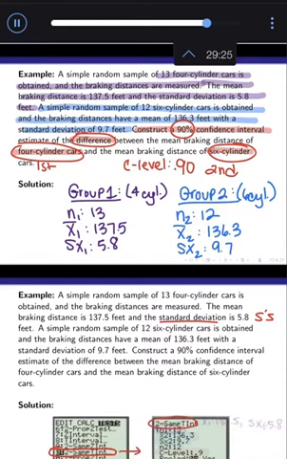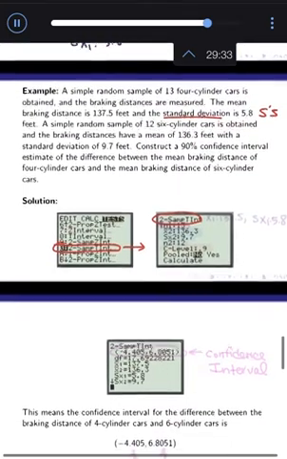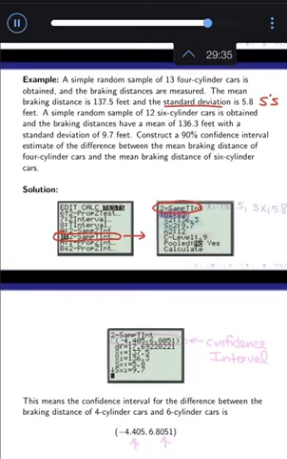We will enter in our first group of information, which is everything from the 4 cylinders, which would have been up top here. You would have been listing your x̄1 first, which would have been 137.5, and your Sx1, the sample standard deviation of 5.8. You can see what comes after that, which is the sample size.